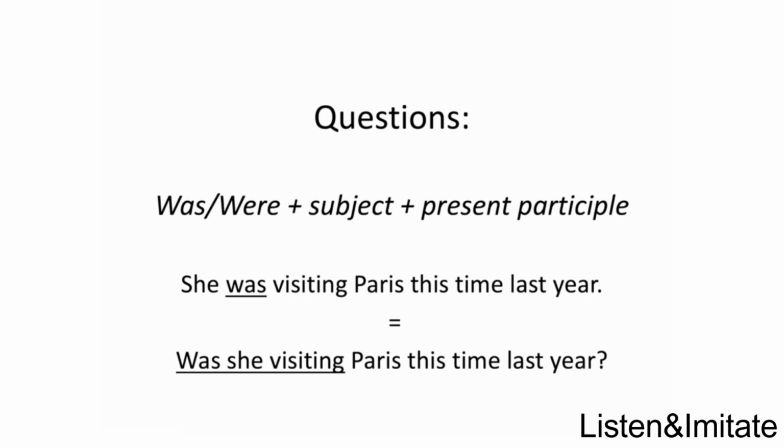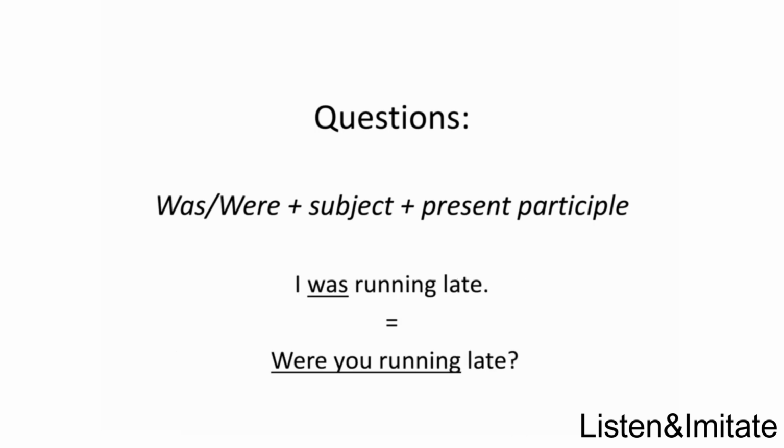The affirmative sentence, she was visiting Paris this time last year, becomes as a question, was she visiting Paris this time last year? Another example, I was running late. Were you running late? Remember to conjugate the verb to be according to its subject.